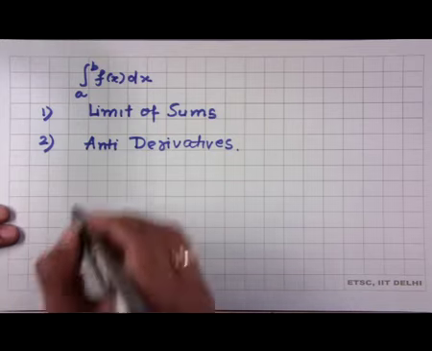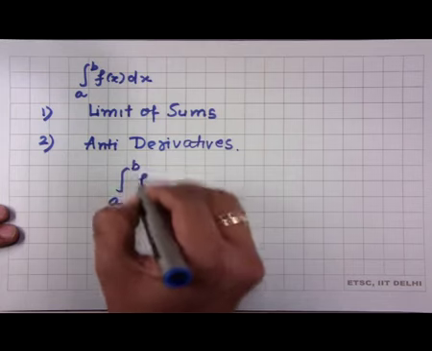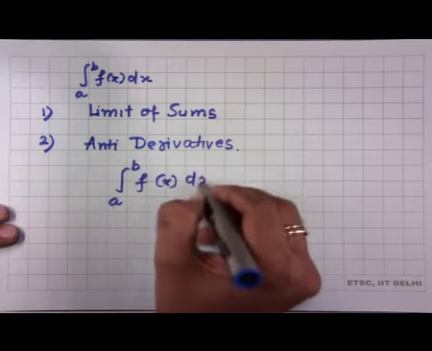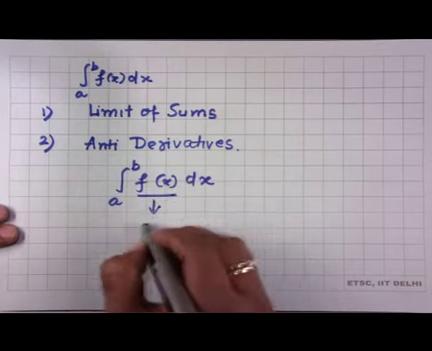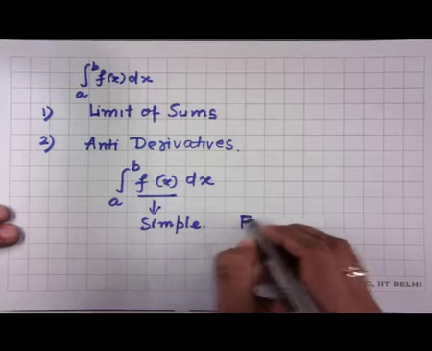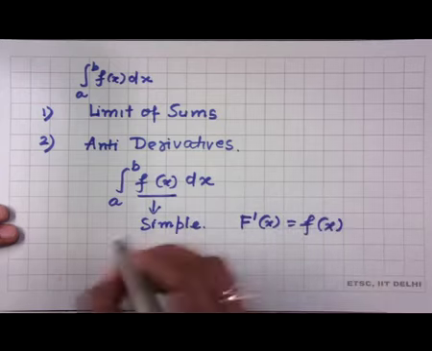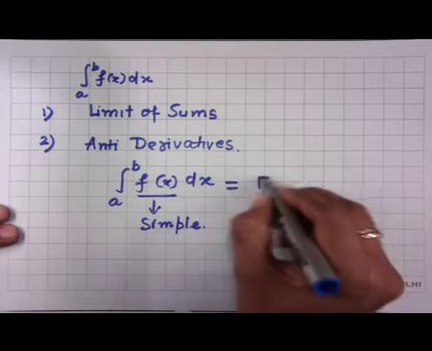We have seen that there are definite integrals whose integrand is very simple, so that the antiderivative of small f(x) exists, and therefore you can write the value in this form.